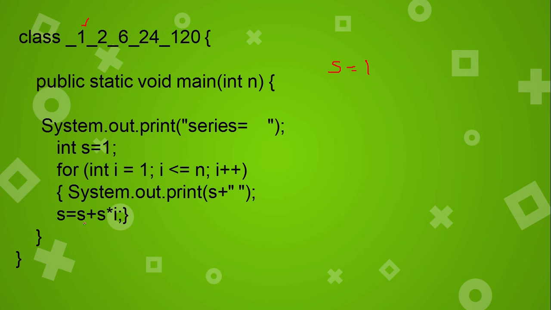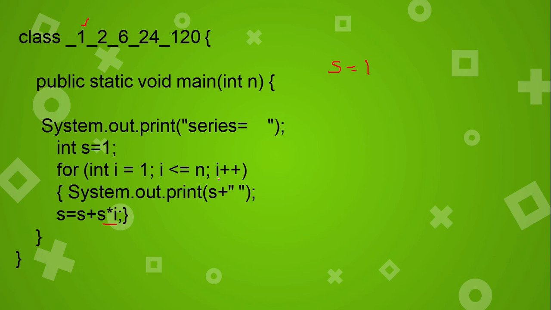Next, s is equal to s plus s into i. So s into i means in s 1 is there, so 1 into 1. That will be 1. Now this will be added to s. So 1 plus 1, 2 it becomes.